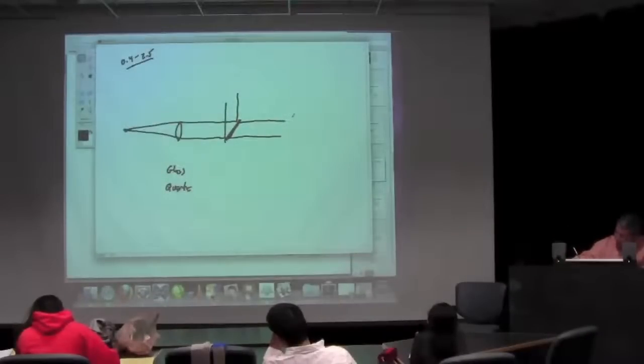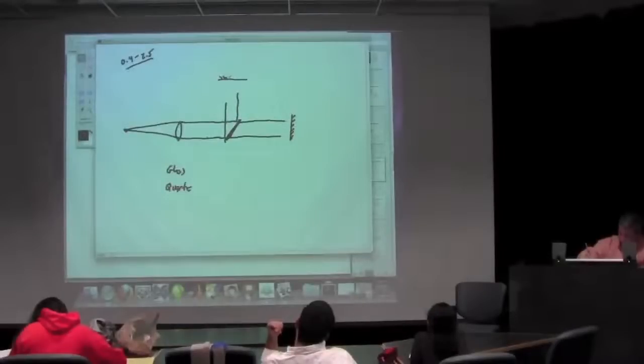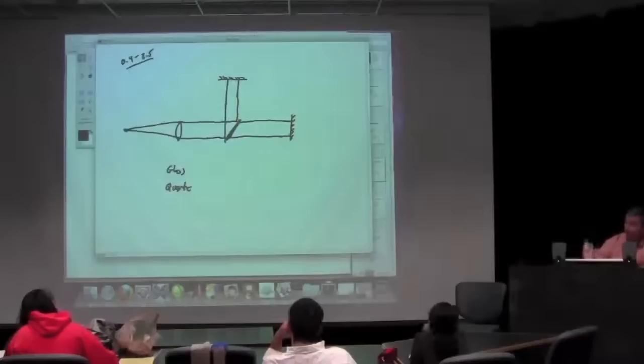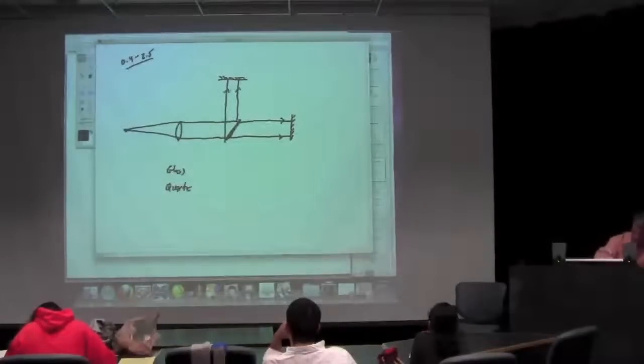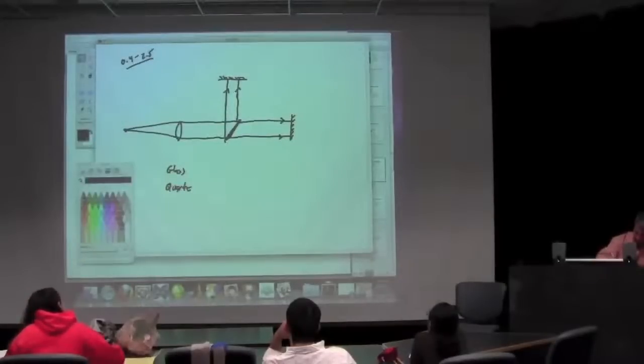At this point, over here, I'm going to put a mirror. Okay? And up here, I'm going to put another mirror. All right, so the light's going to come in, it's going to get split, it's going to hit these mirrors. Okay, so the black lines, we'll have them this way. Switch colors for a sec.